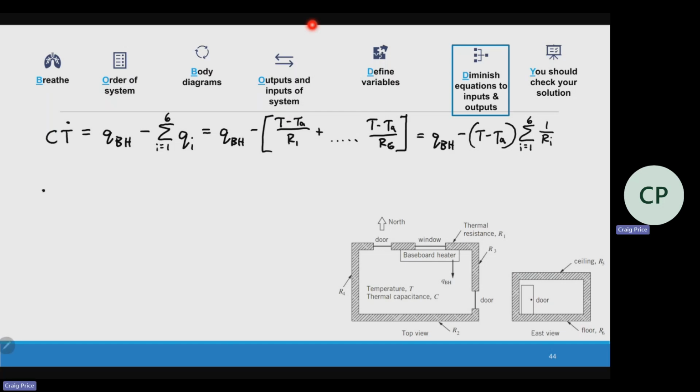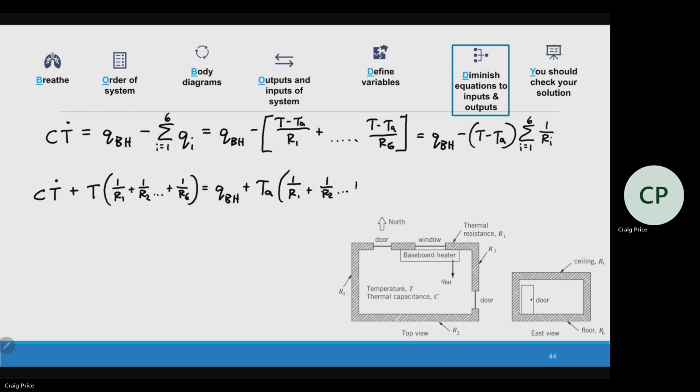And so we get a C T dot plus temperature times, this is where we have the 1 over R1 plus 1 over R2 plus up to 1 over R6, is equal to the baseboard heater heat plus T ambient times the same thing. And that is our first equation, our only equation.